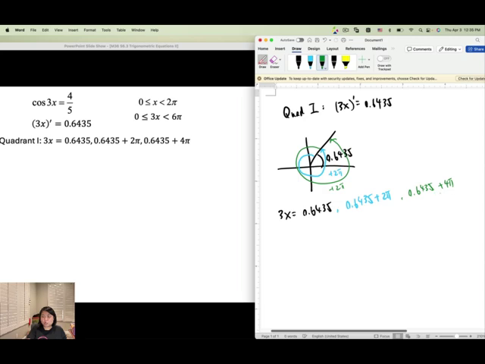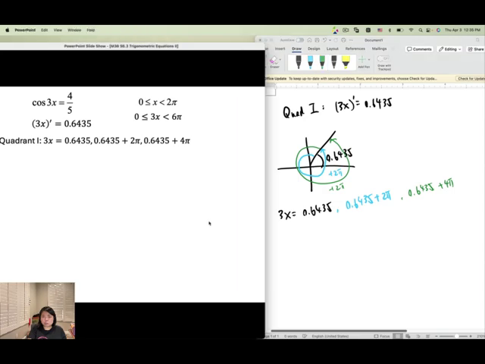If we add 2 more pi, that will be more than 6 pi, so we just stop here. That's why we have this. Then we divide by 3 for the whole equation, so you should get these 3 answers. That's only talking about quadrant 1.